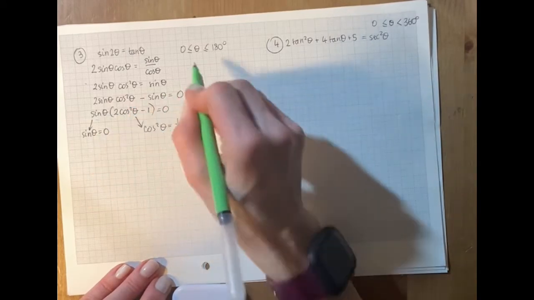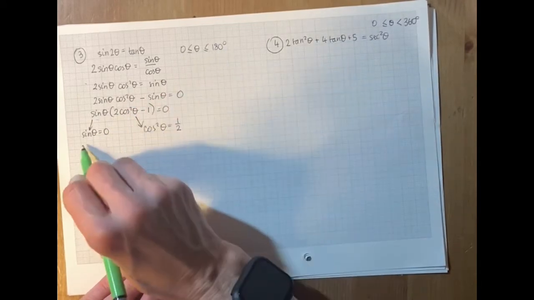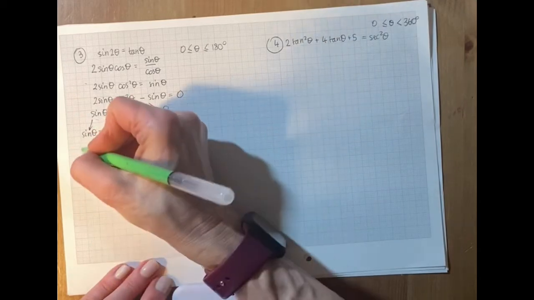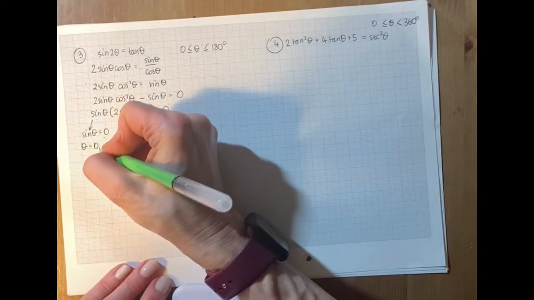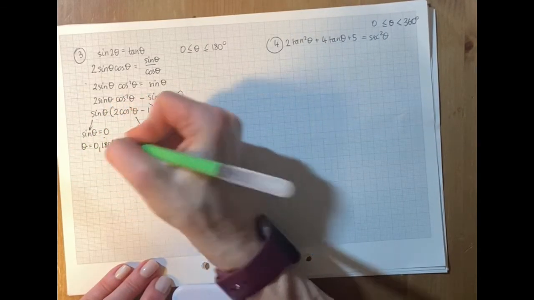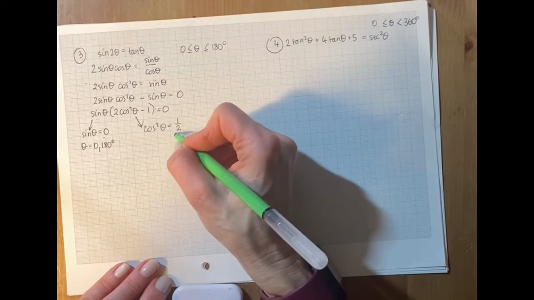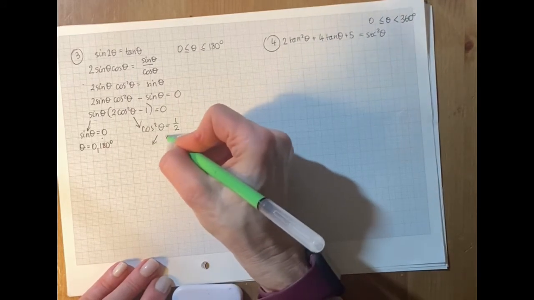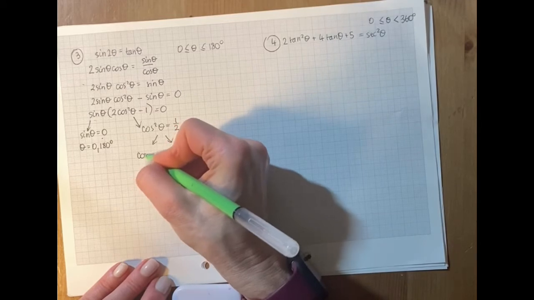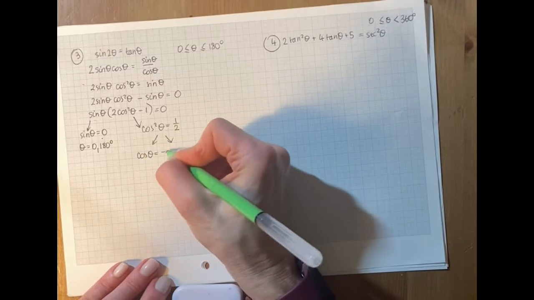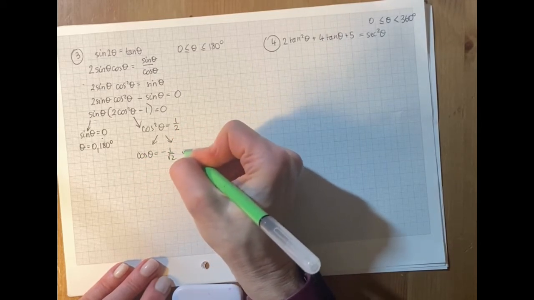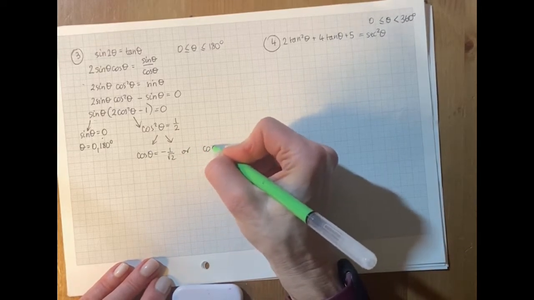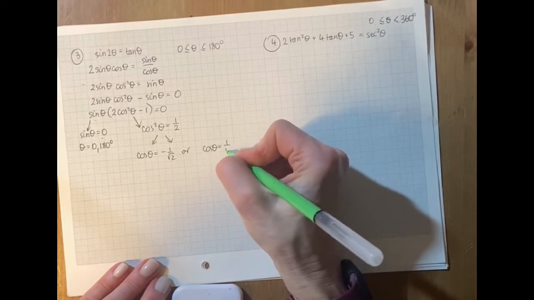So sine theta between 0 and 180 is going to be equal to 0 when theta is 0 and 180 degrees. Cos squared theta is equal to 1/2. That generates two mini equations. Cos theta is equal to minus 1 over root 2, or cos theta is equal to 1 over root 2.